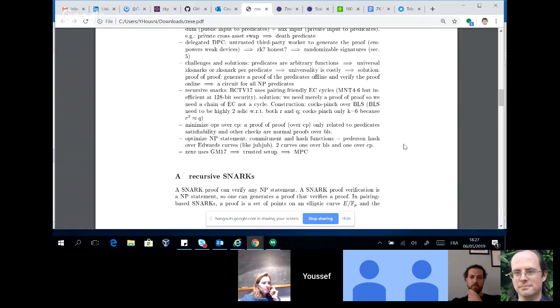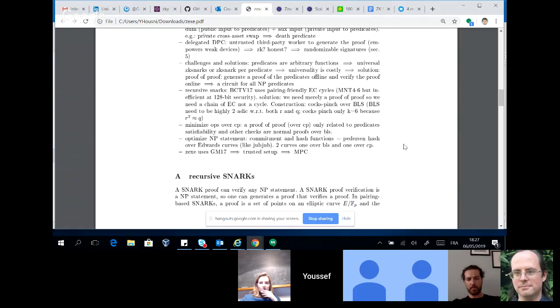So one solution is to take, for example, an elliptic curve that is quite efficient at 128 bit. We know a few of them. For example, the elliptic curve we have on Ethereum, so alt_bn128. This is an elliptic curve that is pairing friendly and that has 128-bit security.